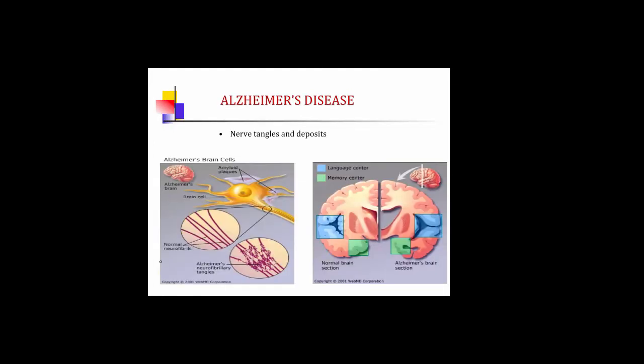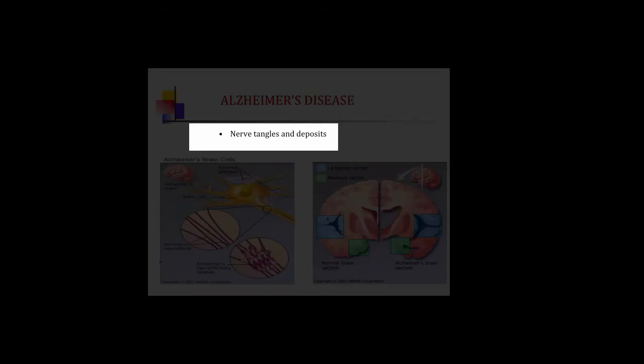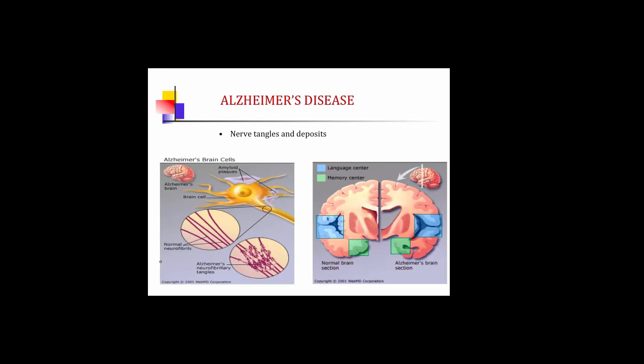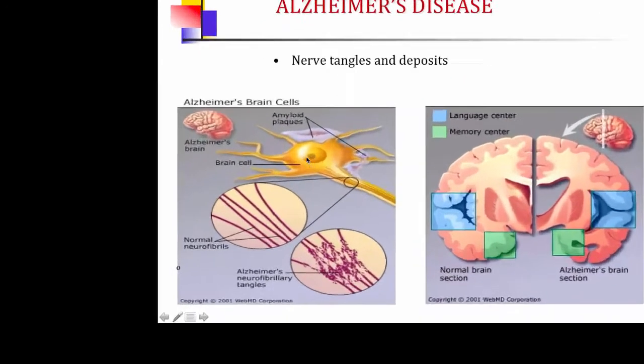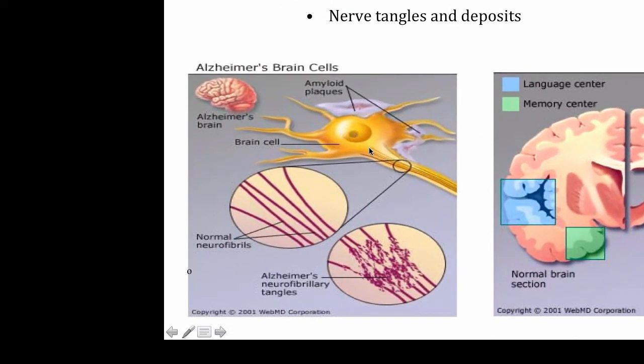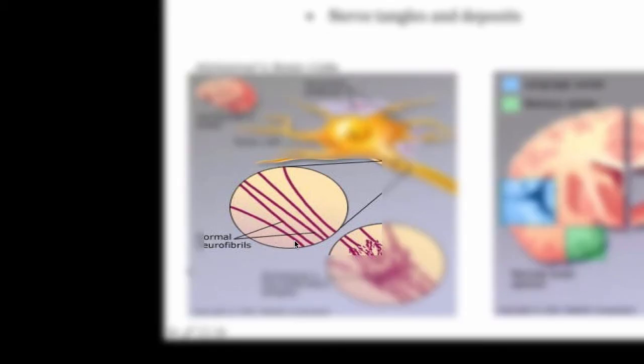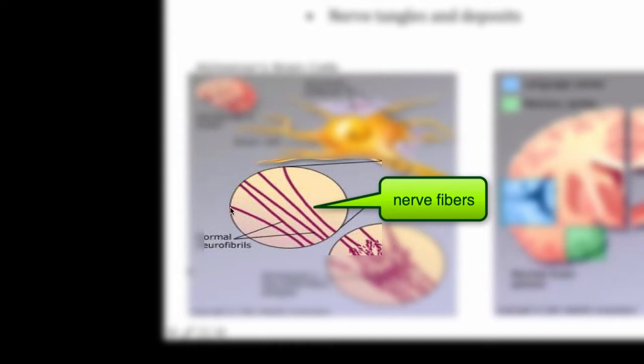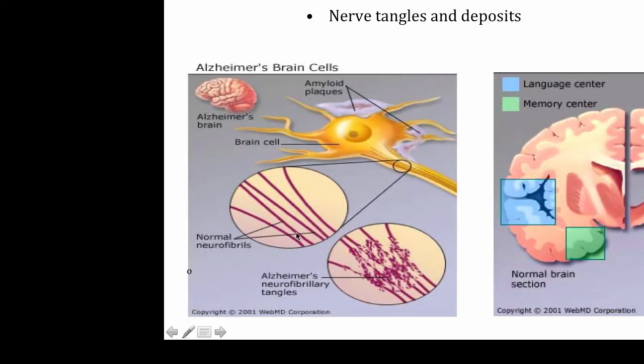In Alzheimer's disease, there is a problem with what are called nerve tangles and deposits in the brain cells. If we look on the left, if this is a nerve in the brain, this little tiny part are what are called neurofibrils. We're just going to call them nerve fibers. What you can see is these are nice straight fibers.